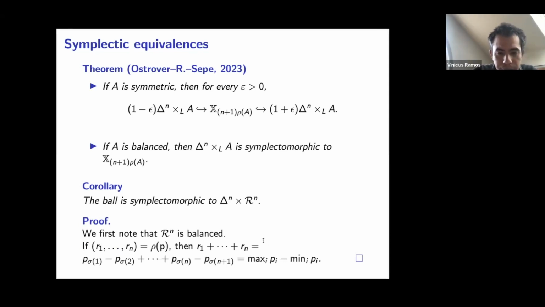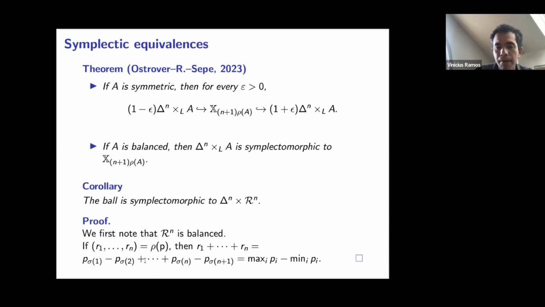And now we see that if we take a point in the image of P by rho, then the sum of the coordinates of the image is going to be equal to this telescoping sum. So it's the sum of two consecutive coordinate differences. So that's just going to be the largest coordinate minus the smallest coordinate.